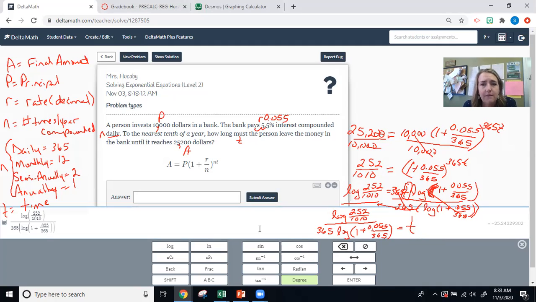So it looks like a lot, but you can check all of your numbers right here. If you wanted to put your original numbers, like I said, you could do that. 252, 10,10. This is my n, 365, and the log of 1 plus my rate over my n. And this is my answer right here.